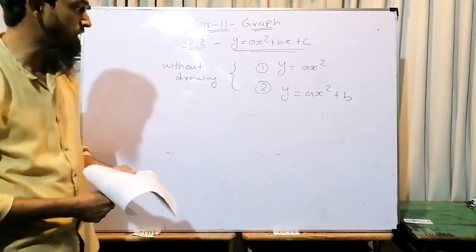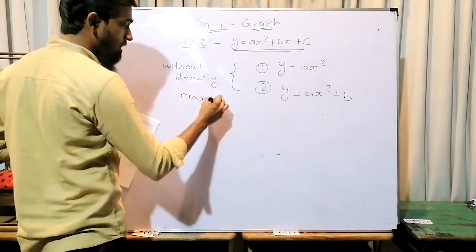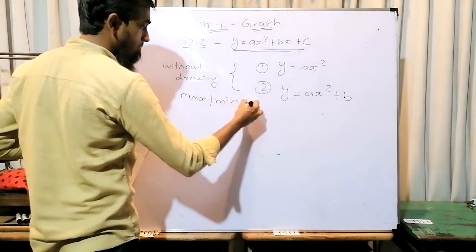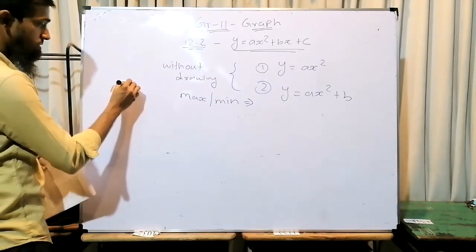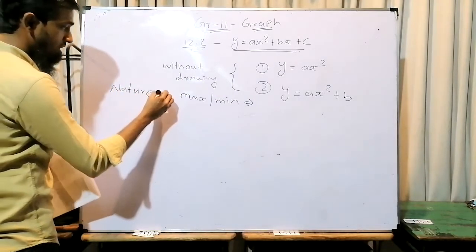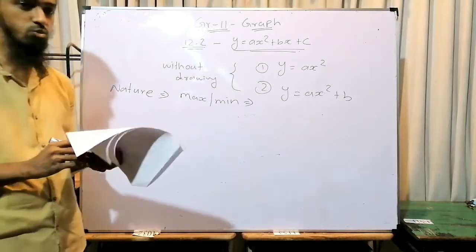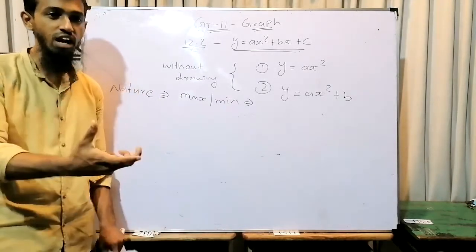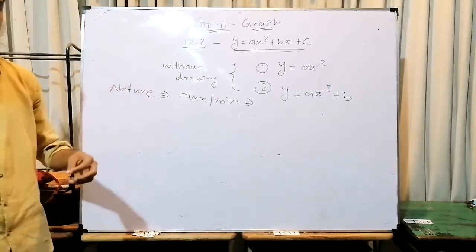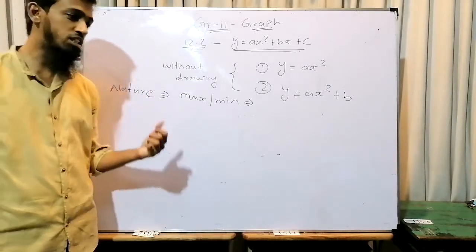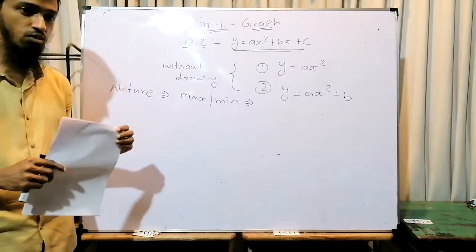Nature of the graph means whether it is a maximum graph or a minimum graph. In the previous sessions, we used the word describing the graph. So describing the graph and nature of the graph are all similar words.